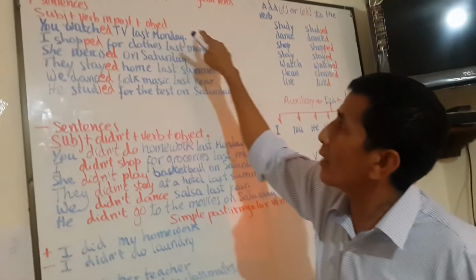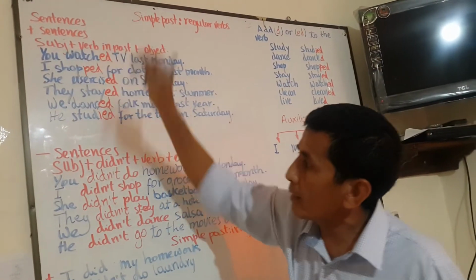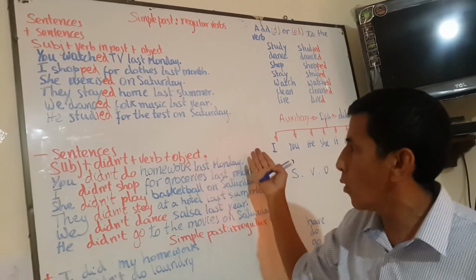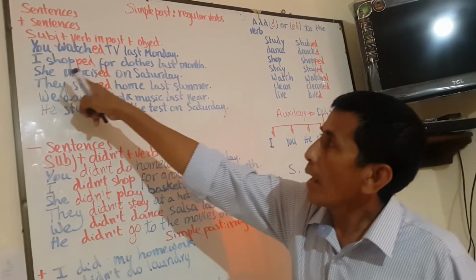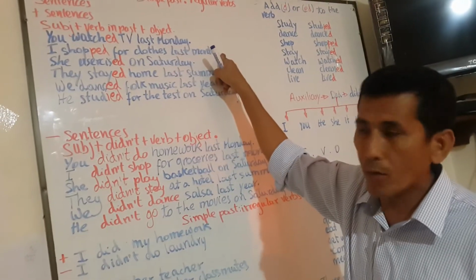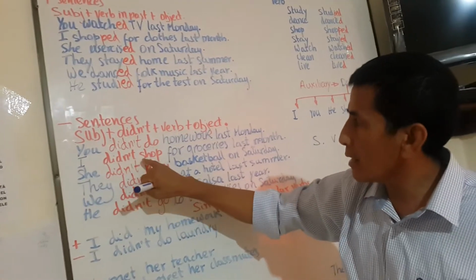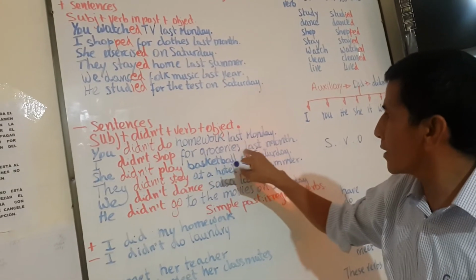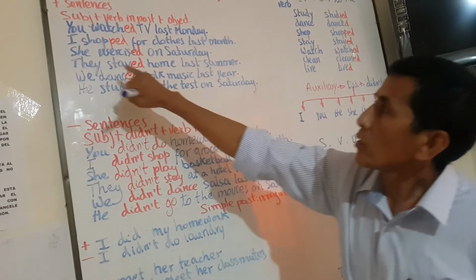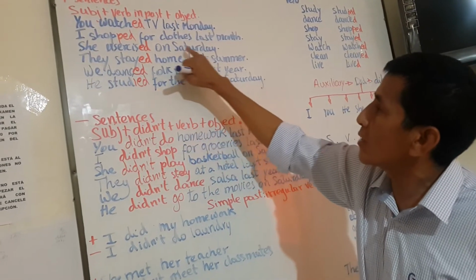You watched TV last Monday is the affirmative sentence. So the negative: you didn't do homework last Monday. I shopped for clothes last month. Negative, I didn't shop for groceries last month. She exercised on Saturday.